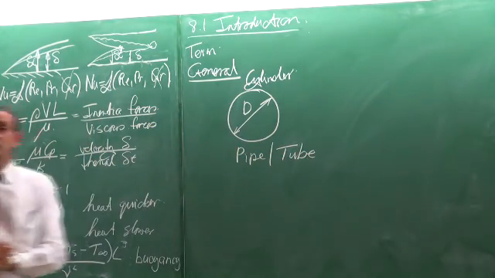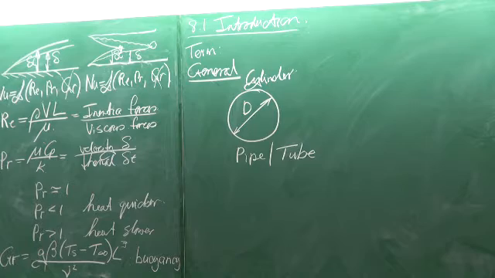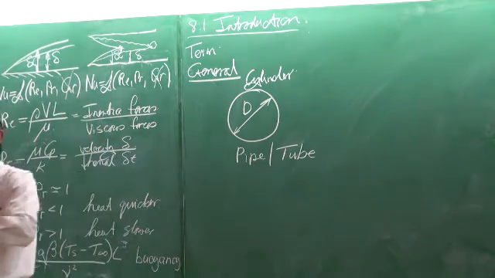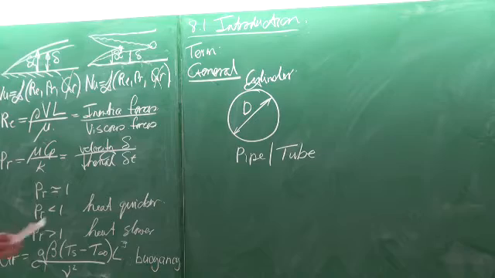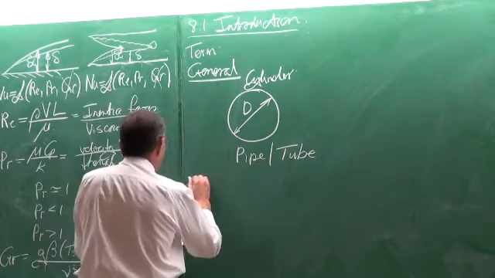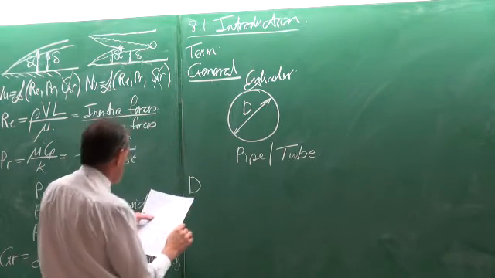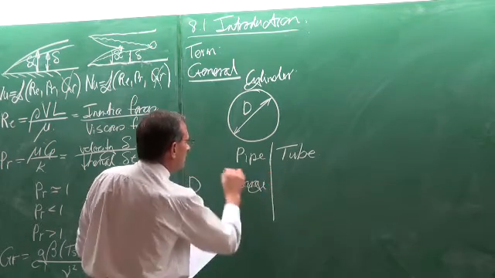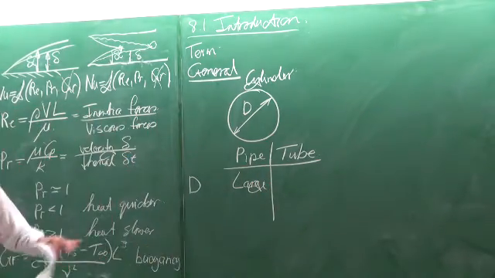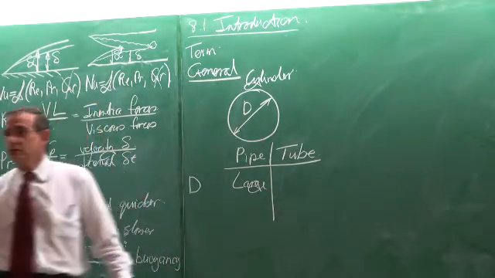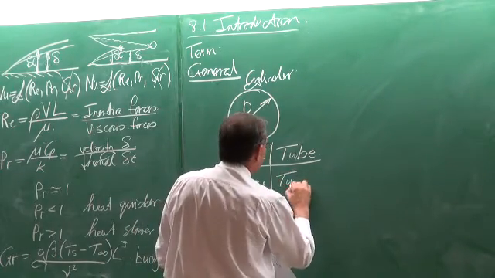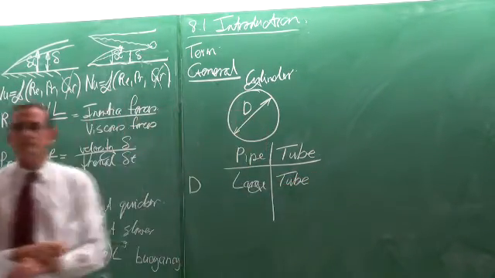Now the terminology internationally between what is considered a pipe and a tube differs a little bit. In some textbooks they would say that if the diameter is very large, then it is a pipe, while if it is a small diameter, it is considered a tube.